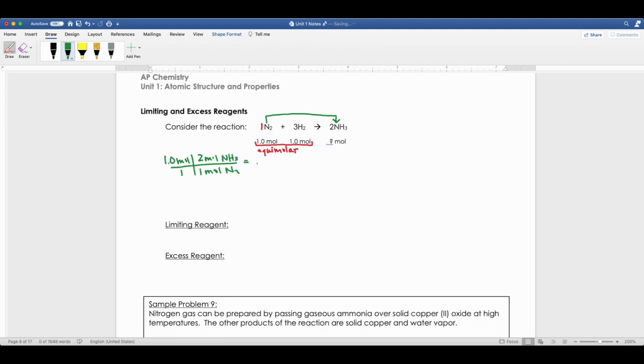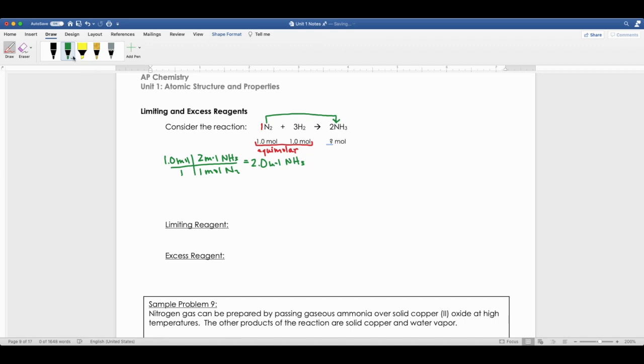And if I solve for that, it looks like I would produce 2 moles of NH3. So if I have 1 mole of nitrogen, that would give me 2 moles of ammonia. However, that's not taking into consideration how many moles of hydrogen are there. That's assuming that there's more than enough hydrogen there to react with all of that.